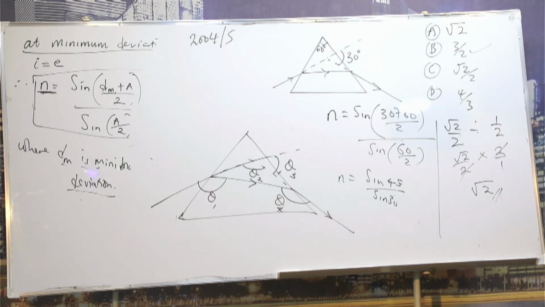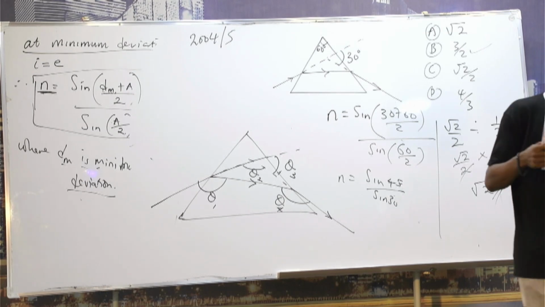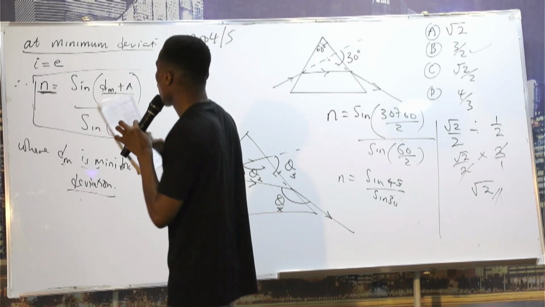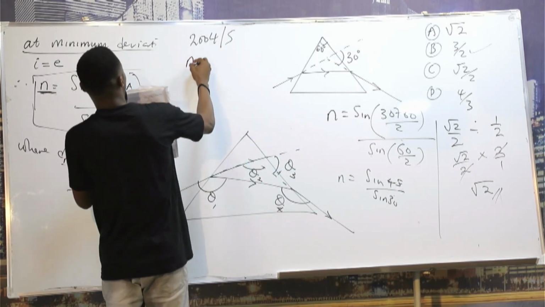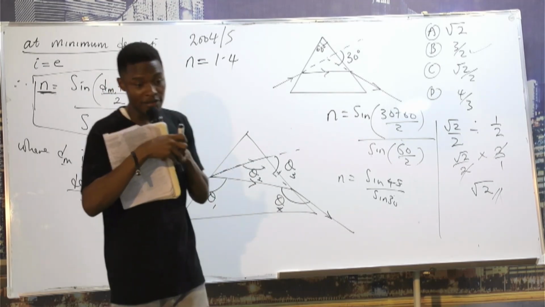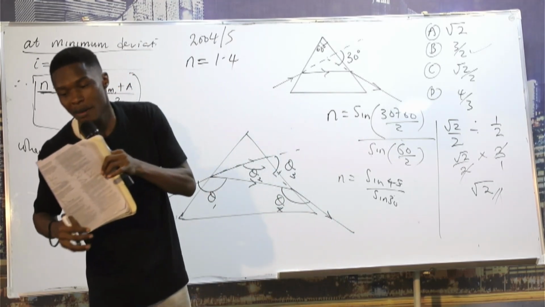They said, calculate the angle of minimum deviation for a ray which is refracted through an equilateral triangular prism of refractive index 1.4. Bottom line is you are looking for the minimum deviation. Refractive index is 1.4.